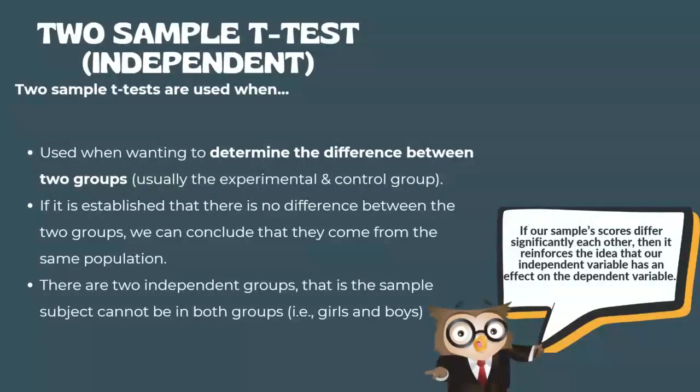So the point really is that if the means of the 2 groups differ significantly, you would know whether or not your independent variable is actually working.